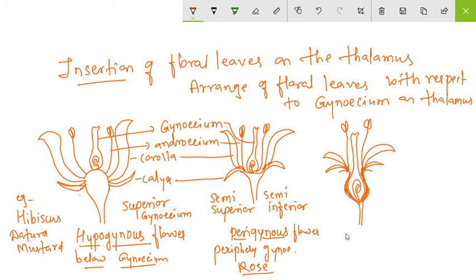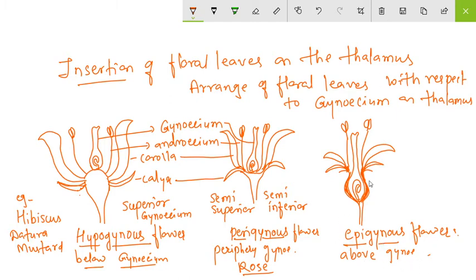Such flowers are known as epigynous flowers. Epi means above and gynous means gynoecium. So above the gynoecium, other floral whorls are present, so that is known as the epigynous flower.